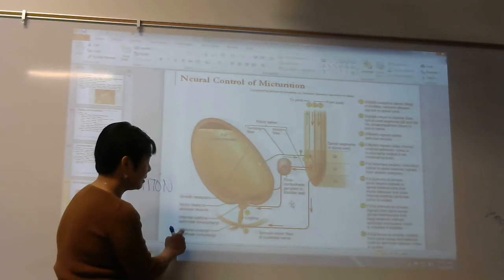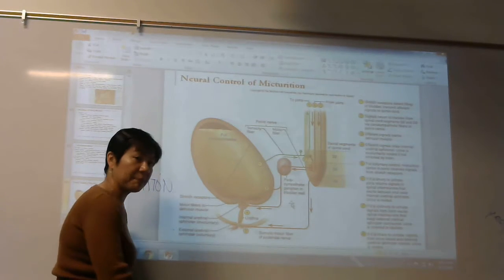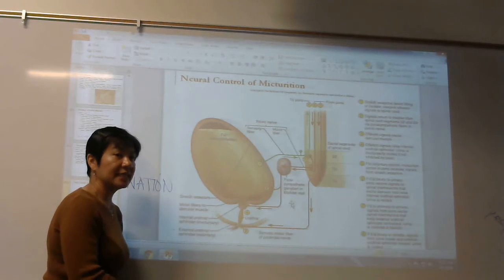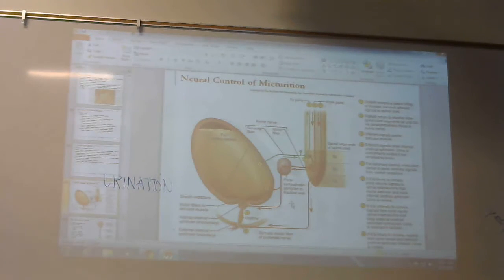The external urethral sphincter is in the perineum. The perineum is this part right here, right? And the location of the perineum is the same for both males and females.